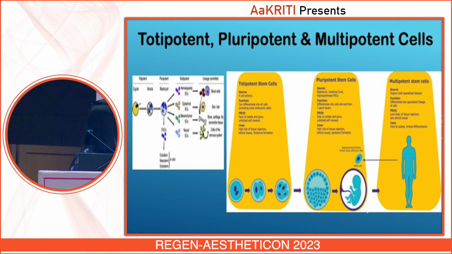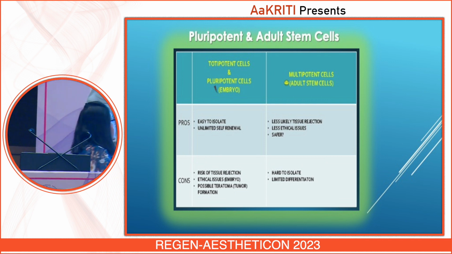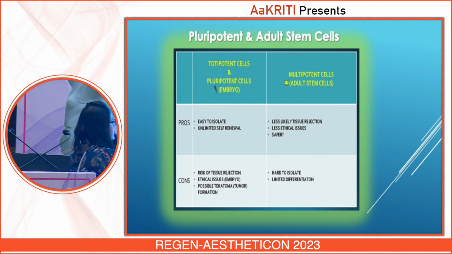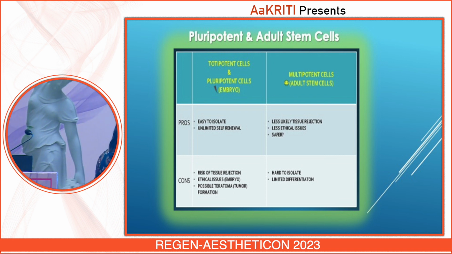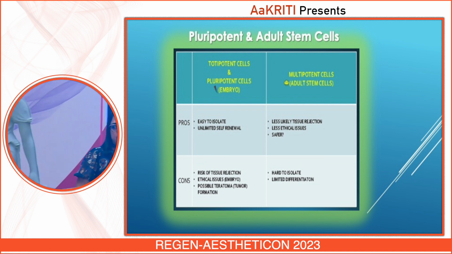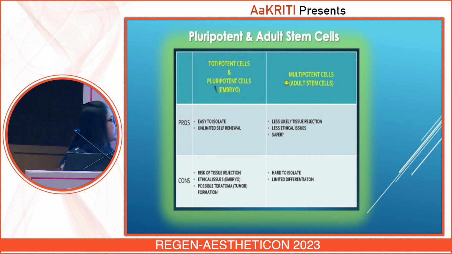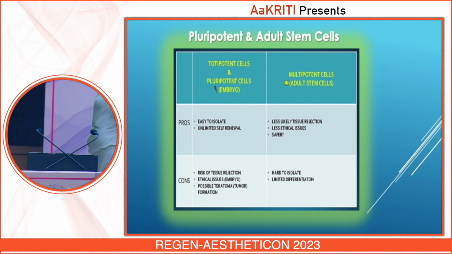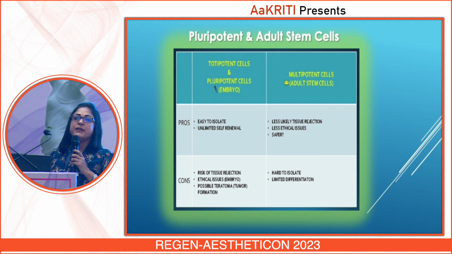Totipotent and pluripotent cells are easy to isolate because of self-renewal, but the problems are ethical issues and the risk of tissue rejection. Multipotent stem cells have fewer ethical issues, but limited differentiation.